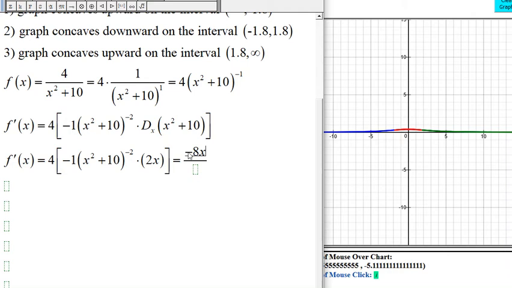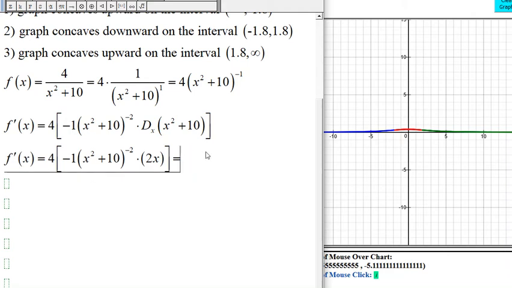Let's write it like this: negative 8x times x squared plus 10, and this is a negative exponent, negative 2. And then we can just go ahead and leave it like that.